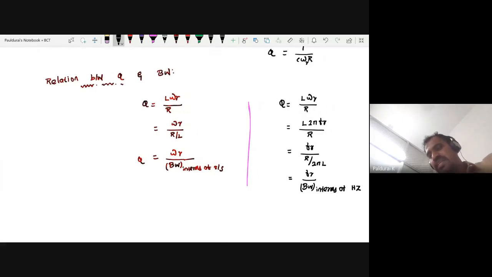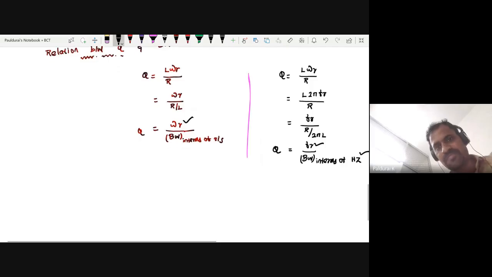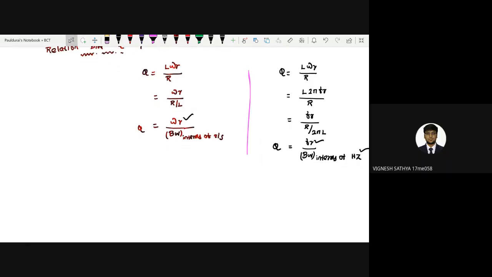So the conclusion: quality factor is inversely proportional to bandwidth. If it is in terms of radian per second, then here it is omega R. In terms of hertz, then it is FR. So these we discussed in the last class. Any doubt till now? No, sir.